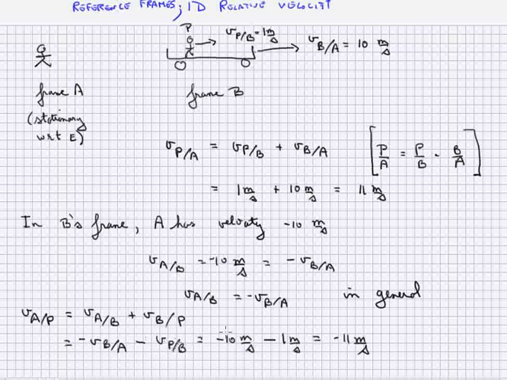This becomes minus 1. And the velocity of A relative to P is minus 11 meters per second, which of course is also consistent with this negation rule when you switch what relative to what.